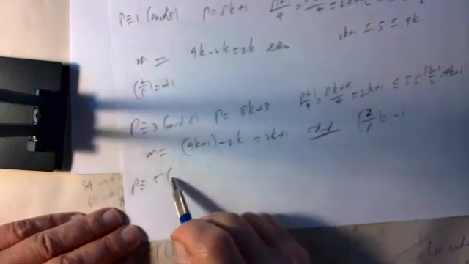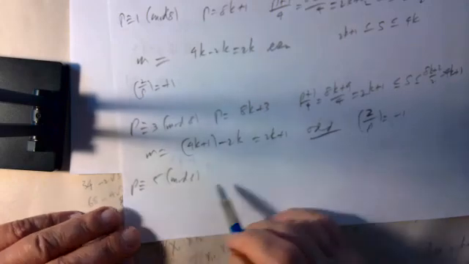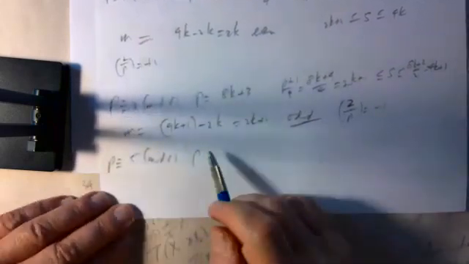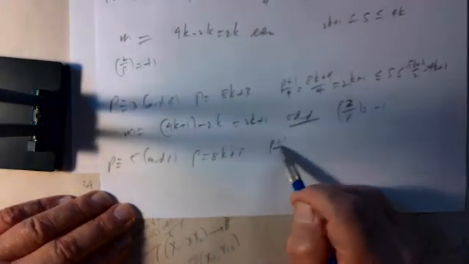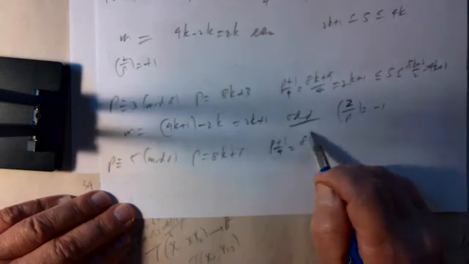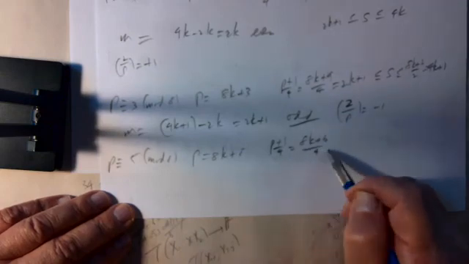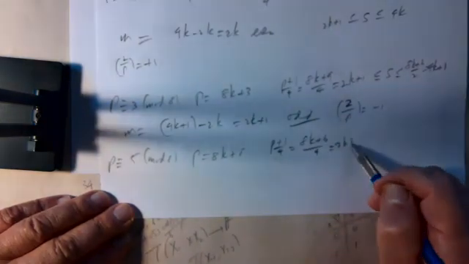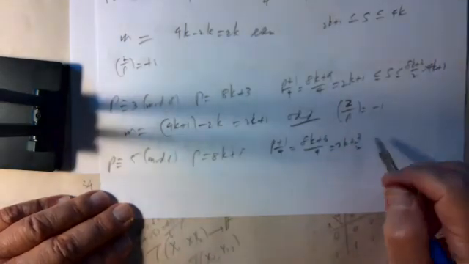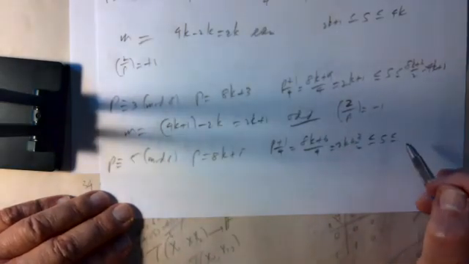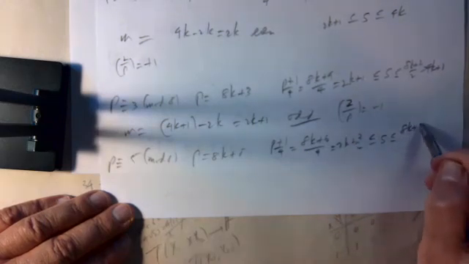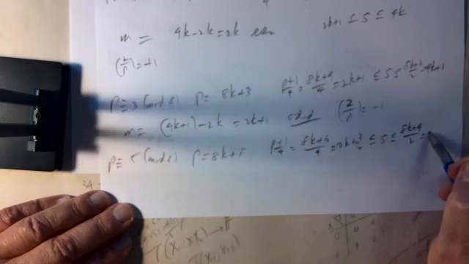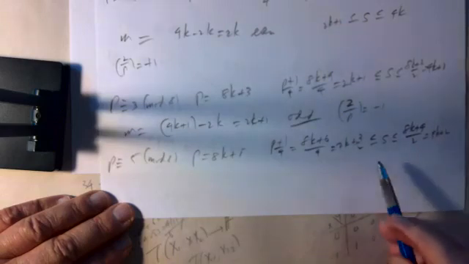If p is congruent to 5 mod 8, p is 8k+5. So (p+1)/4 is (8k+6)/4, which is 2k plus 3 halves, less than or equal to s, less than or equal to (p-1)/2, which is 4k+2.